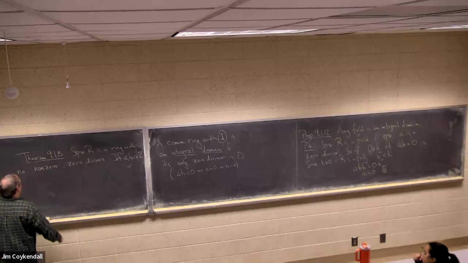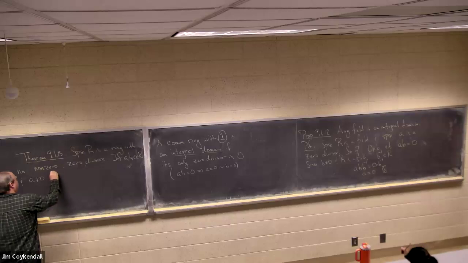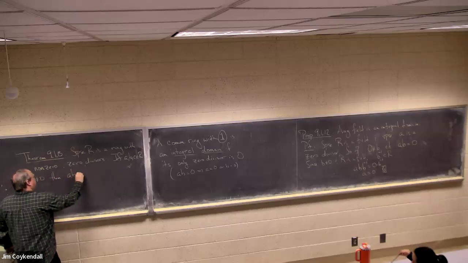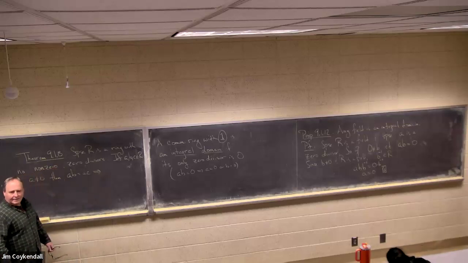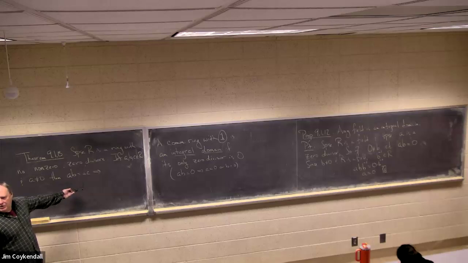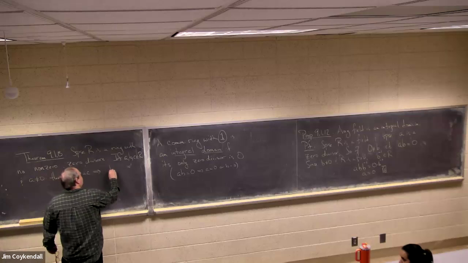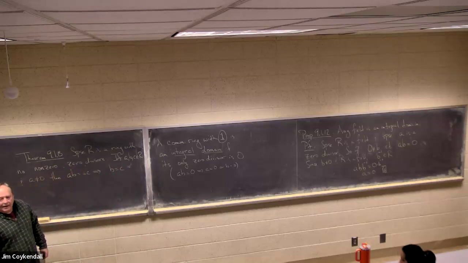If a, b, c are in R and a is not zero, then... when you see an equation like that, what are you hoping you can do? Both, I can cancel. And in fact, this theorem is called cancellation.